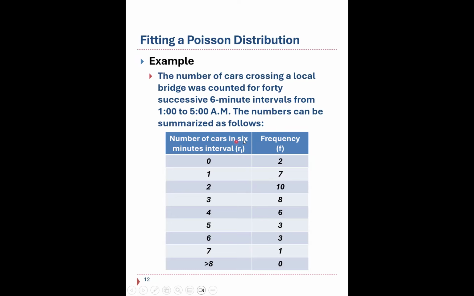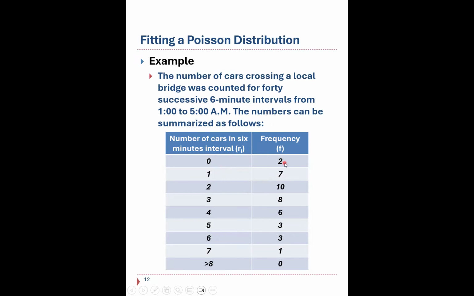So the number of cars in a 6-minute interval, the frequency distribution has been generated. This represents the variable R, which is a discrete variable. In a 6-minute interval, the person counted the number of cars crossing the bridge.